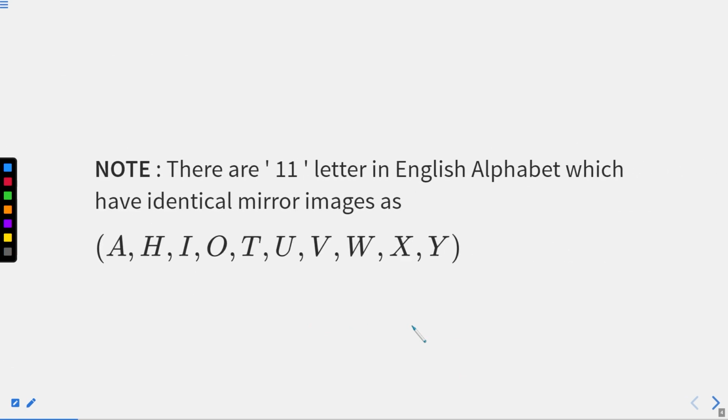Now there is one more note. As we are talking about alphabets, we know the total number of alphabets.